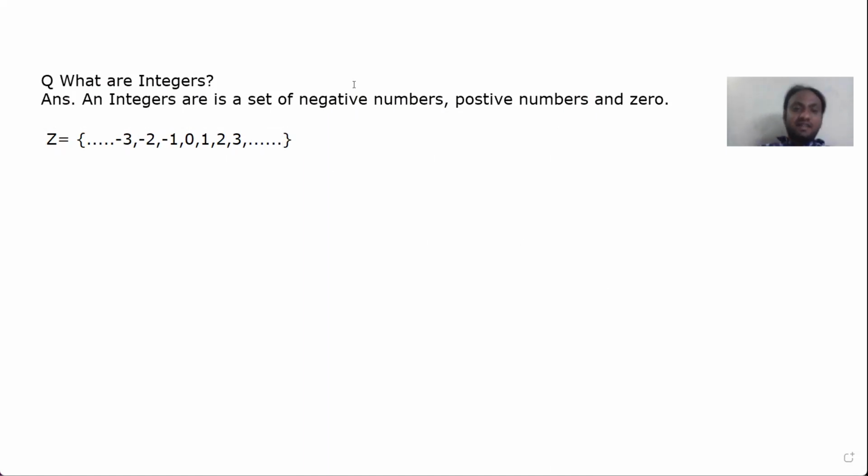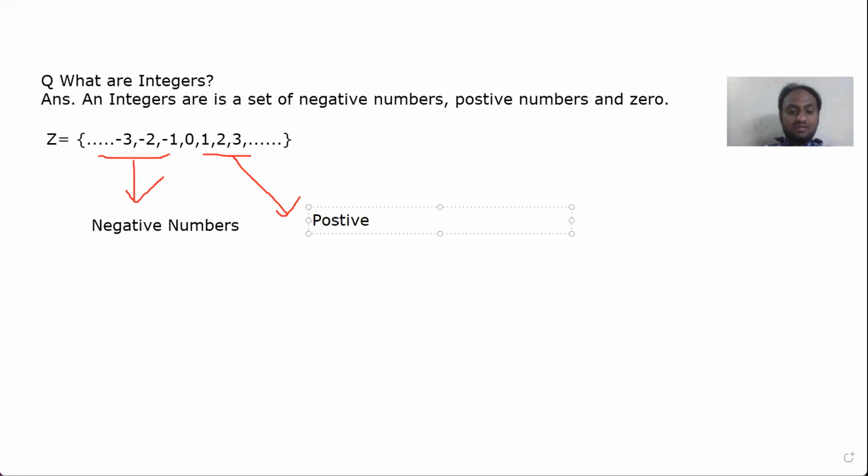So you can see that in this number system, there are negative numbers, there are positive numbers, and one more type of number is also available, that is 0. 0 is neither positive nor negative, as I explained earlier.